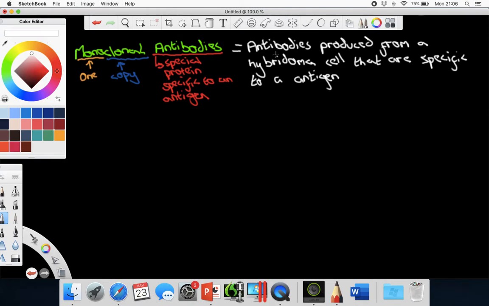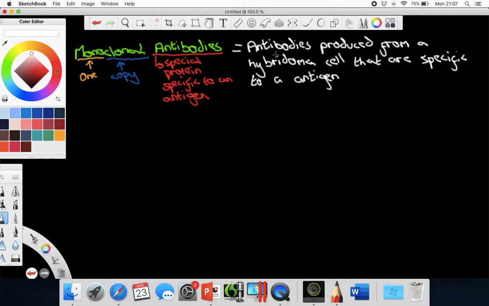So monoclonal antibodies are antibodies produced from a hybridoma cell that are specific to an antigen. Now the point is that these monoclonal antibodies only fit a single antigen. You can't get monoclonal antibodies that fit multiple antigens.